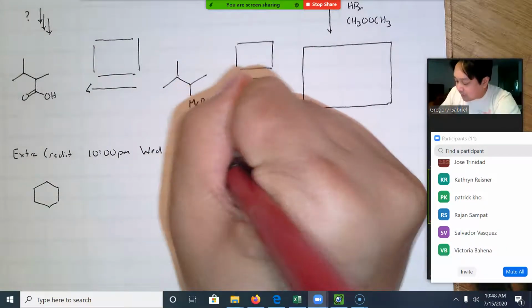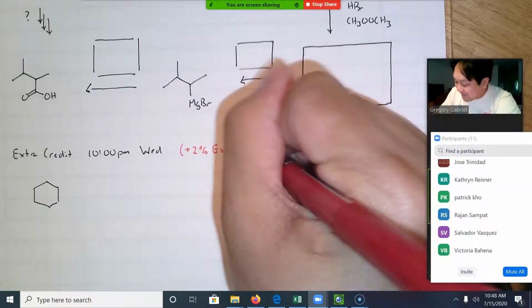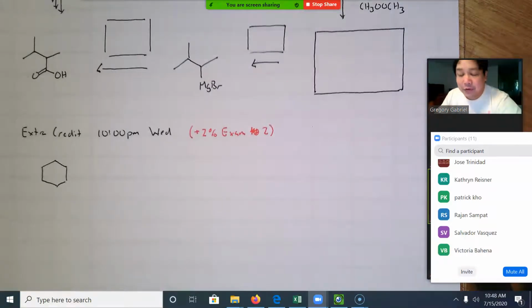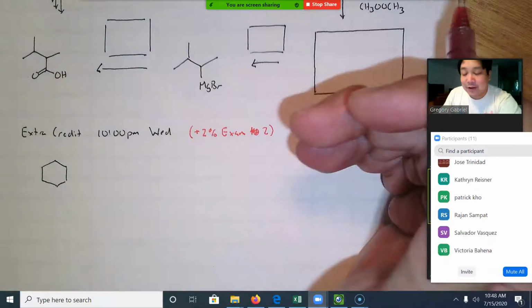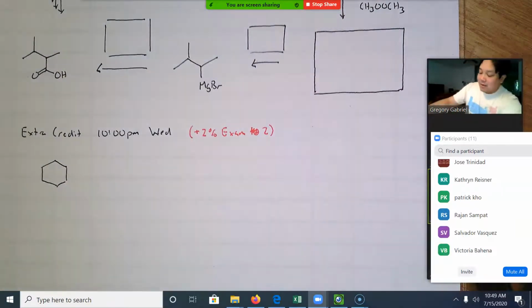So ultimately, by 10 p.m. tonight, you could have already 5 points on your exam. And again, that's half a letter grade. This is going to be the easiest half letter grade for the exam. Okay. The problem is this.